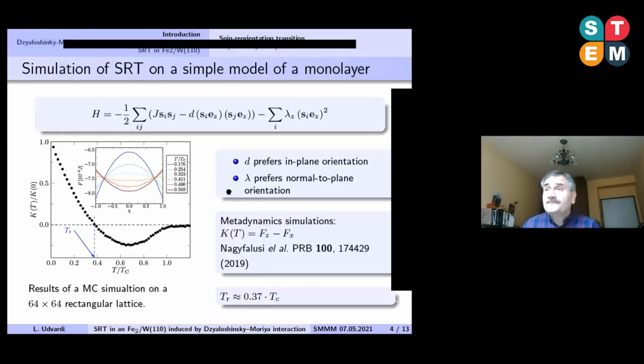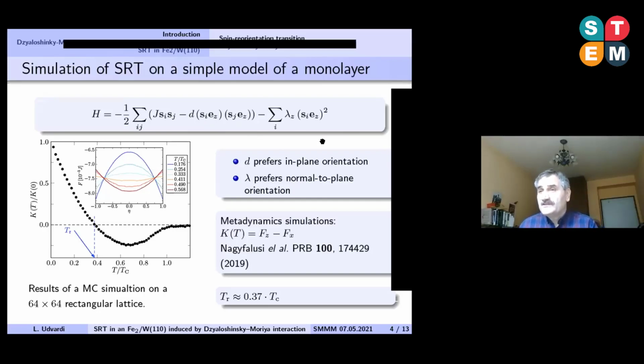Okay, so if you would like to model such a system, we can use a simple model. In our case, it's a simple Heisenberg-like model where we have a nearest neighbor coupling, and we have two competing anisotropies. One somehow simulates a two-site anisotropy, which originates, for example, from the dipole-dipole interaction, but here it is a consequence of the symmetric anisotropic exchange.